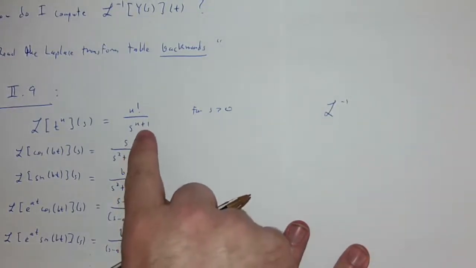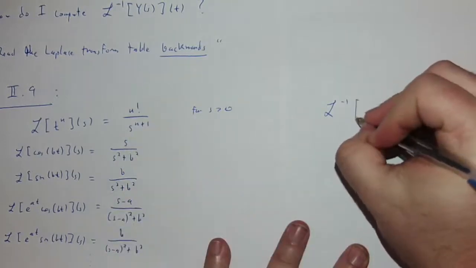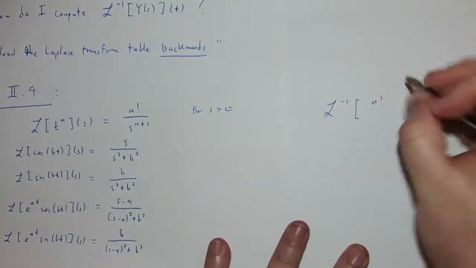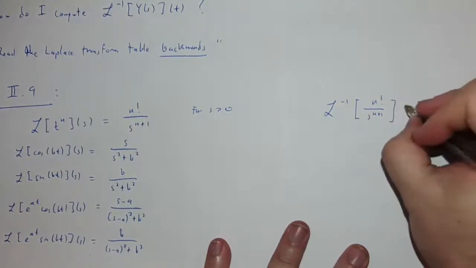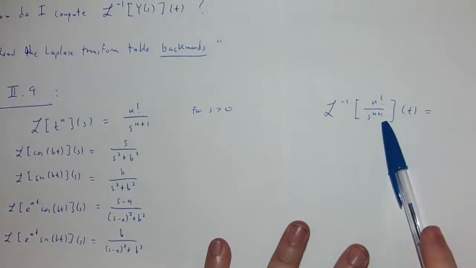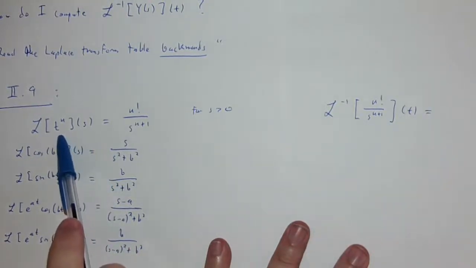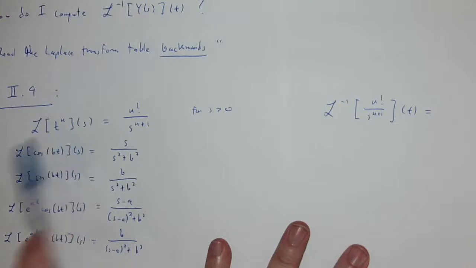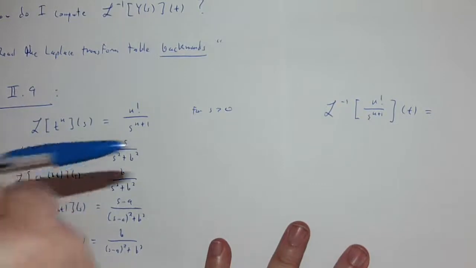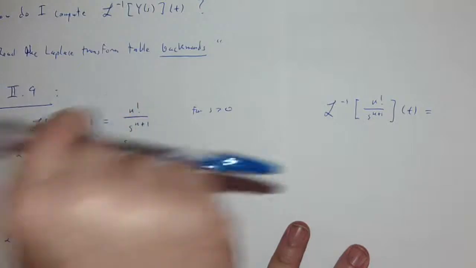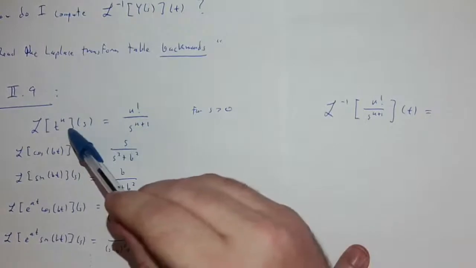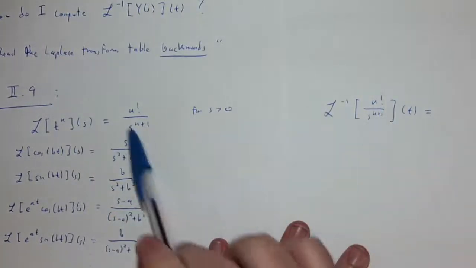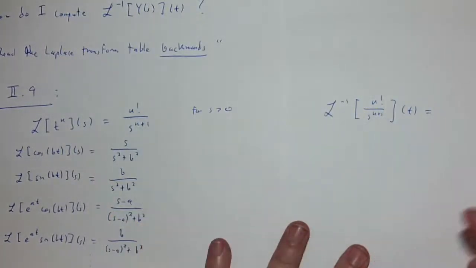I take the thing on the right instead. So the inverse Laplace transform of n factorial over s to the n plus 1, of t. What is that? It's the thing you're taking the Laplace transform of on the left. So if reading the table forwards is reading from left to right, like you normally do, reading the table backwards is reading from right to left. So the inverse Laplace transform of n factorial over s to the n plus 1 is t to the n.